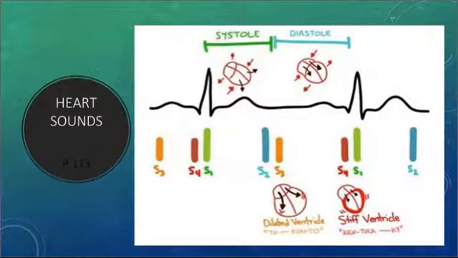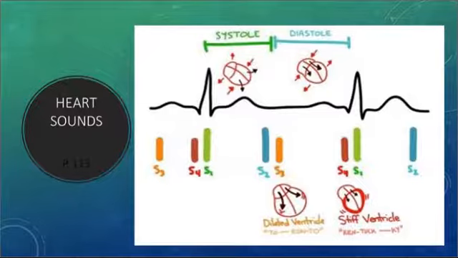Just another slide talking about the heart sounds. The S3 gallop happens at the beginning of diastole. It occurs when blood flows into the ventricles during the opening of the atrioventricular valves and causes vibrations.